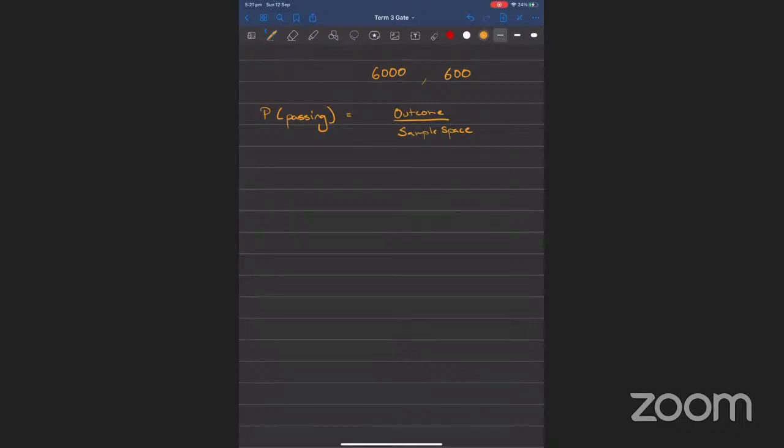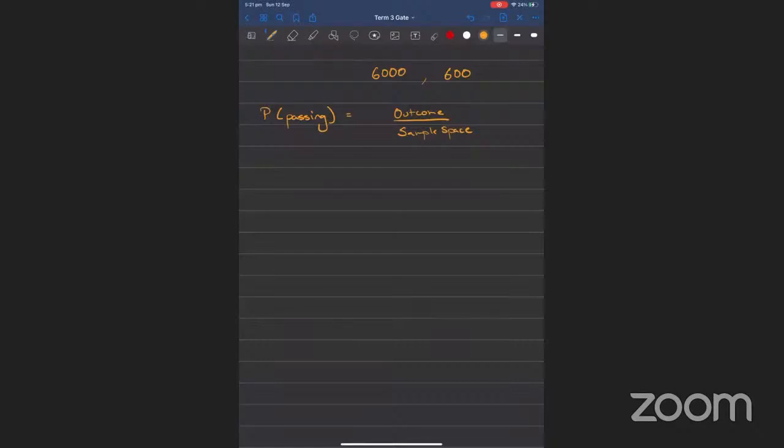Outcome, Darsh? So outcome is like what you want to happen. So if the gate test 600 people passing is the outcome. Yeah. So if you're trying to find the probability of passing, the outcome would be how many people passed, right?